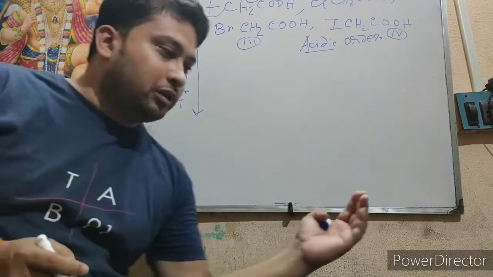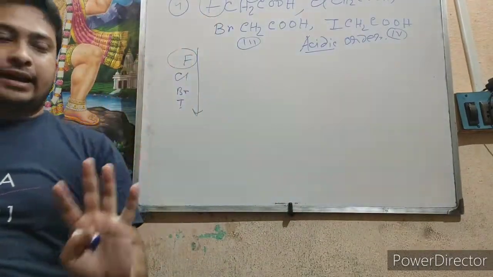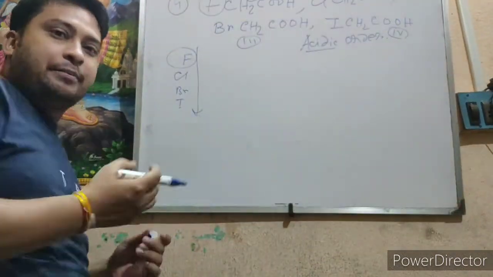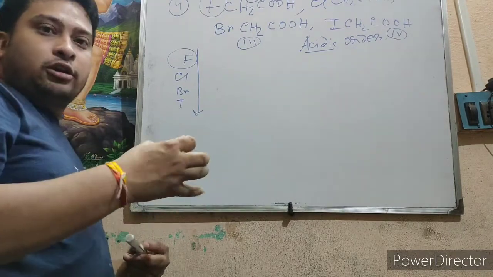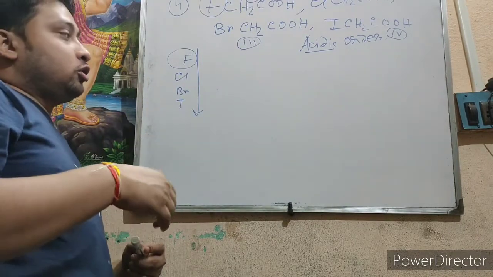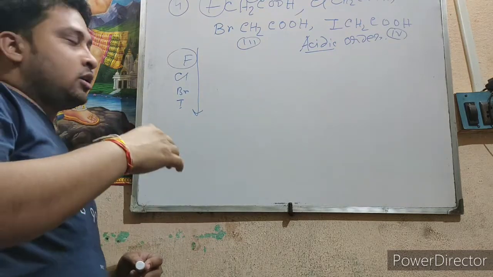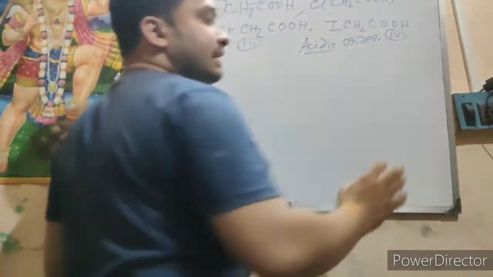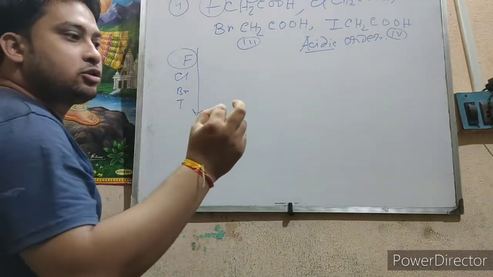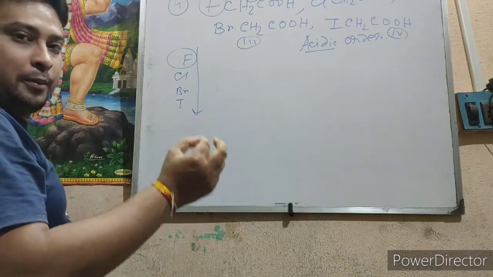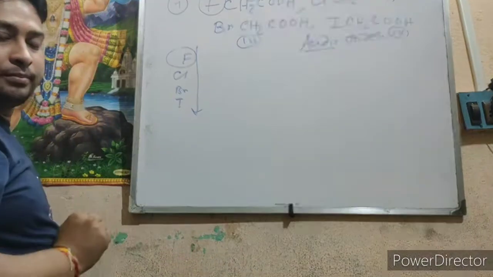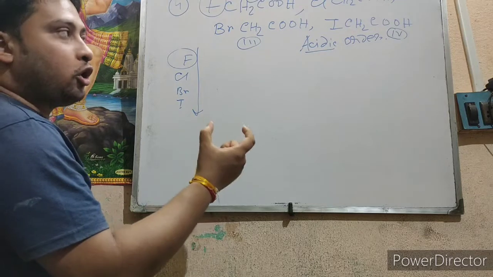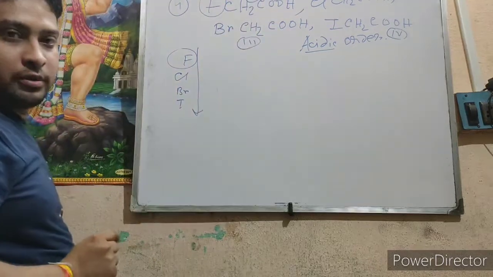So the tendency to pull the electron of fluorine is higher compared to chlorine, bromine, iodine. So iodine shows lower pulling power of electron, so the electron density on oxygen is lower. So the bond between O and H is not much weaker in this compound.